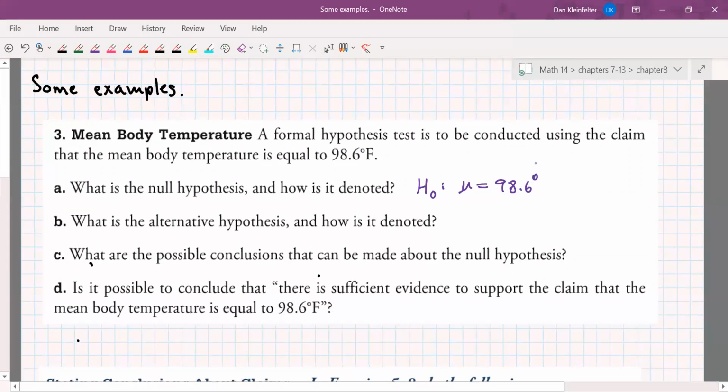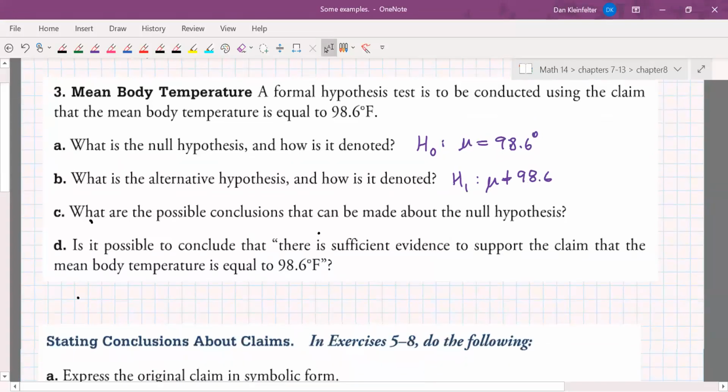The alternative, in this case, I don't have any reason to suspect that it's either less or greater, so I think it's simplest just to say not equal to 98.6. And then the possible conclusions that can be made about the null hypothesis are either that we fail to reject it, or that we reject it.